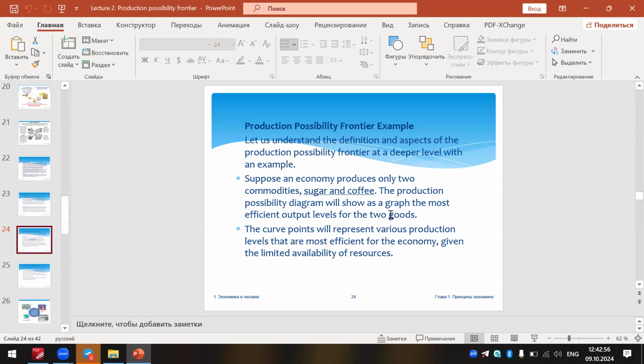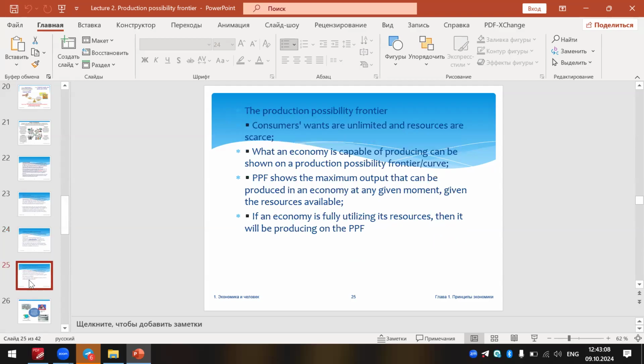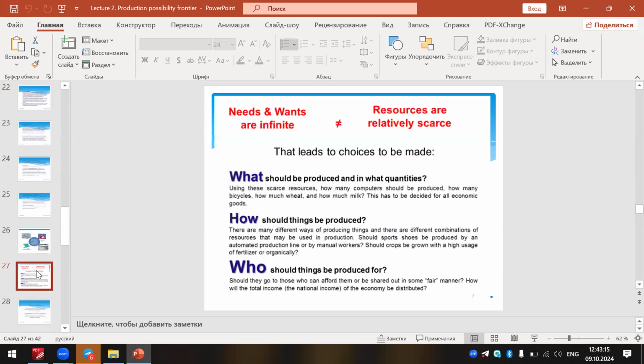And the curve points will also represent the various production levels that are most efficient for the economy with limited available resources. So it's the same, I think, as the slide that I gave you.